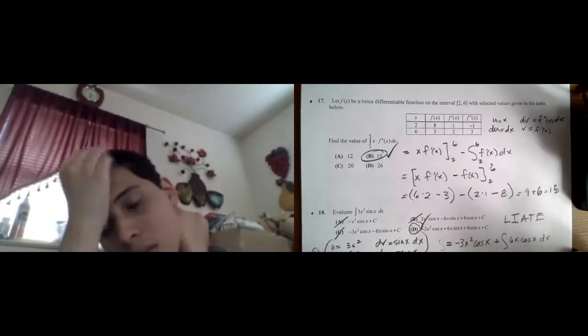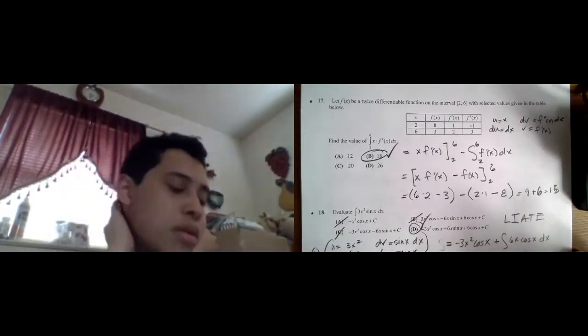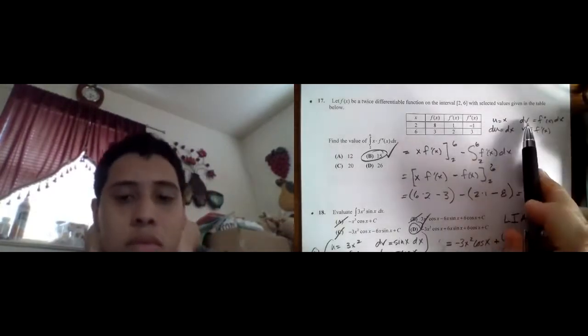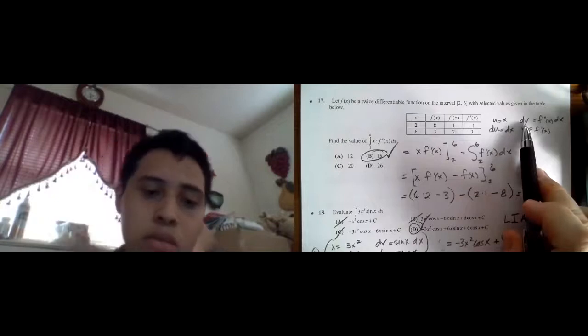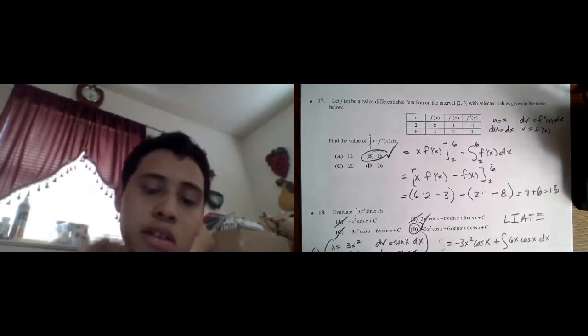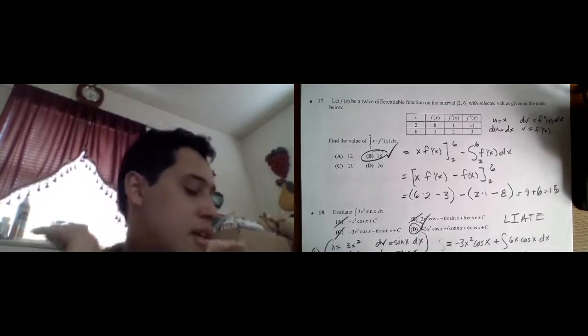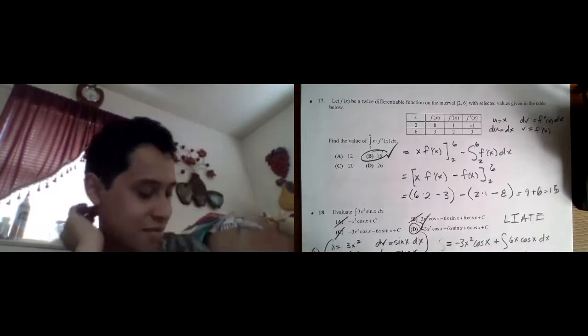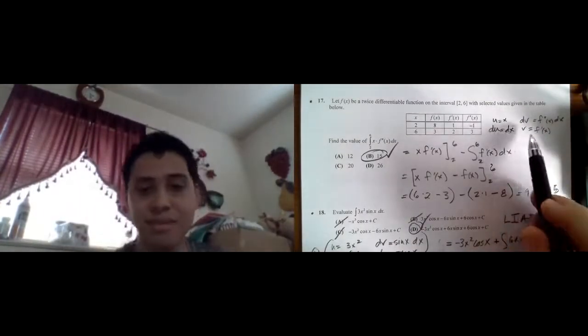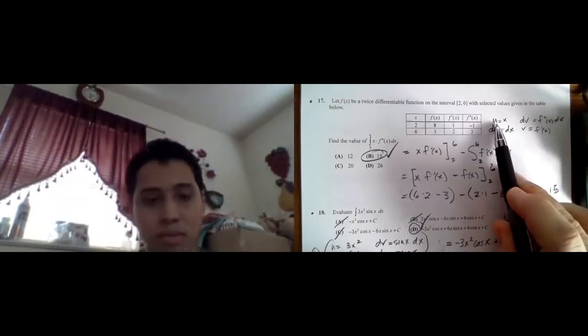Notation wise, did your teacher use the u and dv notation? Yes. Okay. So when we're doing integration by parts, we need to pick the u and the dv first.